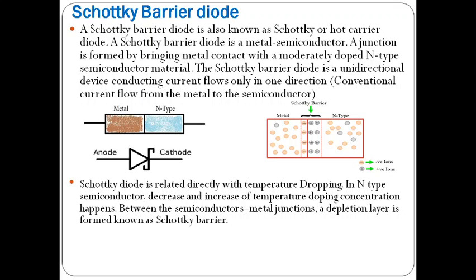But here, a Schottky barrier diode is formed by using a metal to semiconductor junction. Here, this junction is formed by bringing the metal contact with a moderately doped n-type semiconductor material.